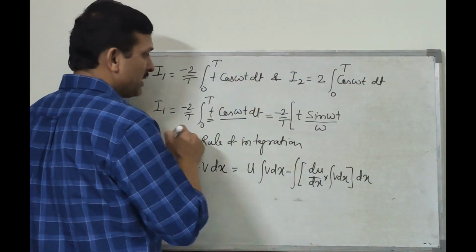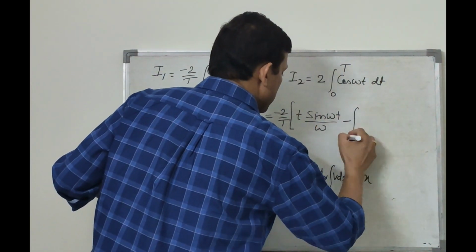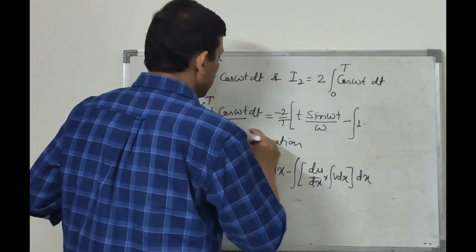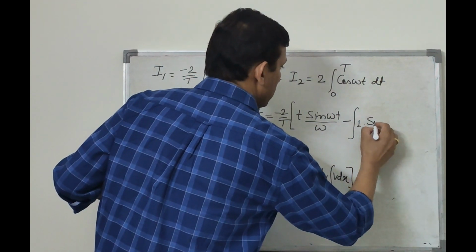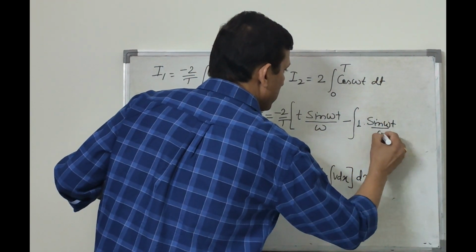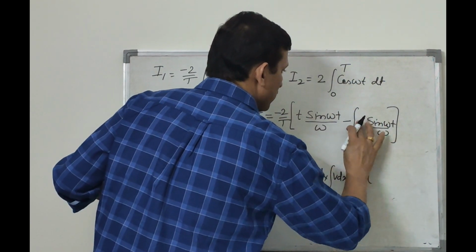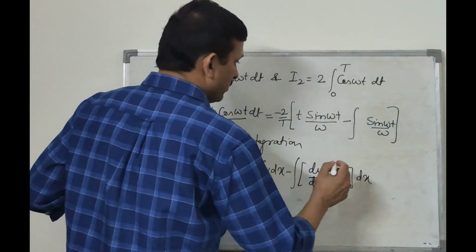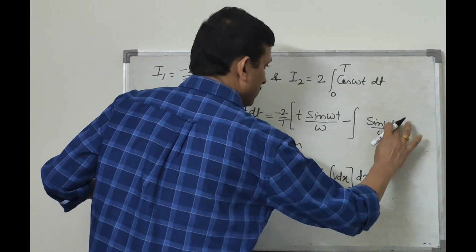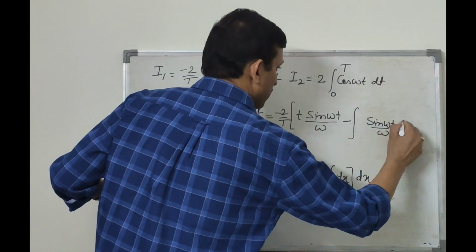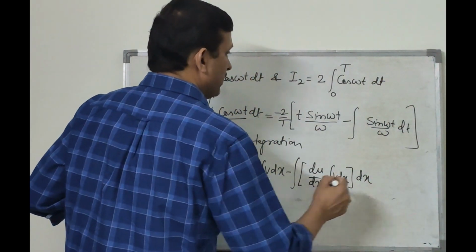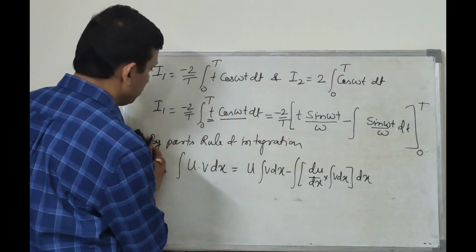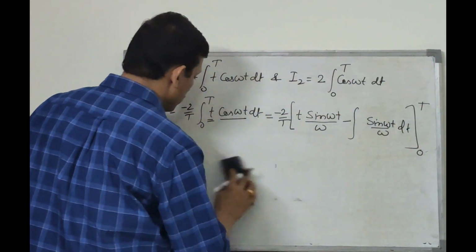Then minus the integral of the differentiation of t, that is 1, times the integral of cos omega t, that is sine omega t upon omega. This will be the integral of the whole, and the limit will be 0 to t. So here we have used the by parts rule for the integration.